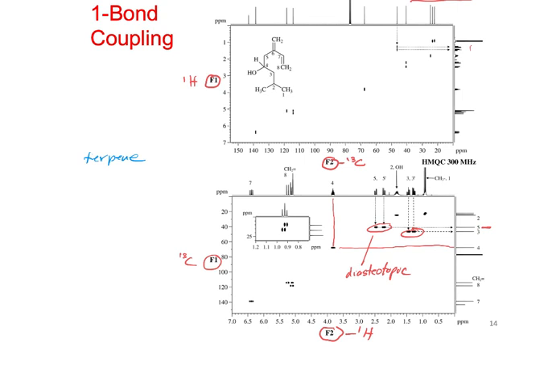I can see my organic textbook showing it, but I haven't talked about terpenes in a while. They're essentially made up of this isoprene unit. And then that isoprene is attached to another one, like this.